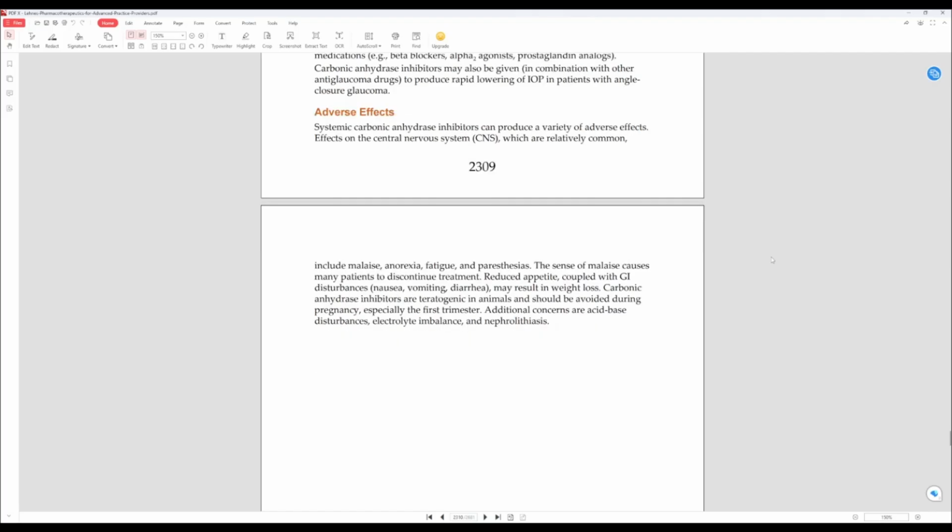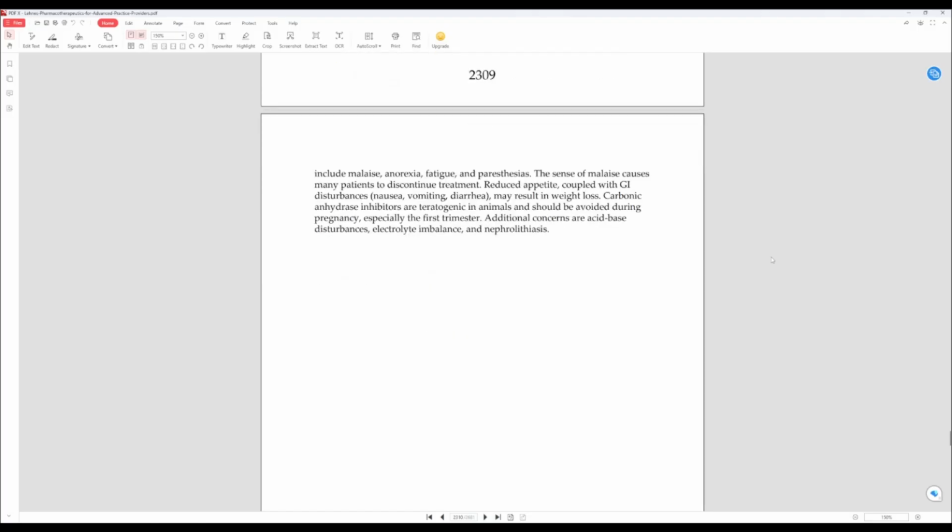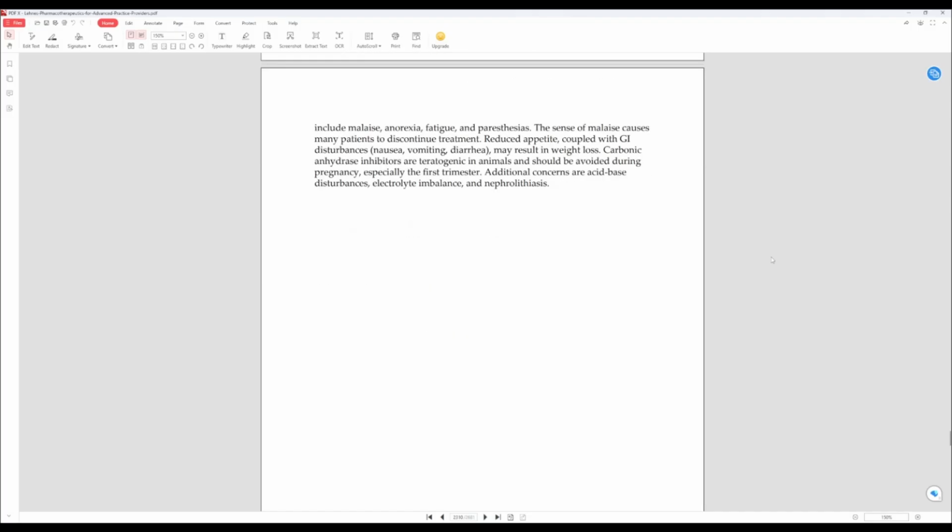Its adverse effects. Systemic carbonic anhydrase inhibitors can produce a variety of adverse effects. In the central nervous system, which are relatively common, they may include malaise, anorexia, fatigue, and paresthesias. The sense of malaise causes many patients to discontinue treatment.